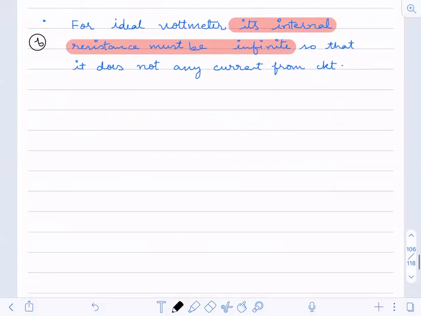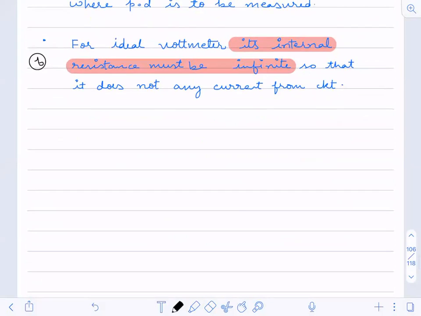Now first see here, if this is the resistor, and suppose through this resistor a current of 2 ampere flows, and I am taking points A, B and C. This is a resistor of 3 ohm.